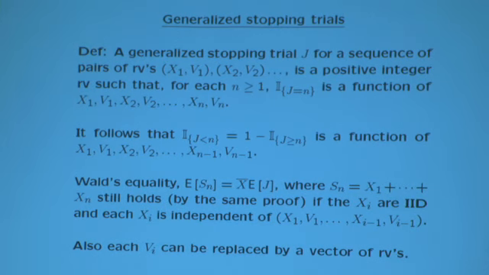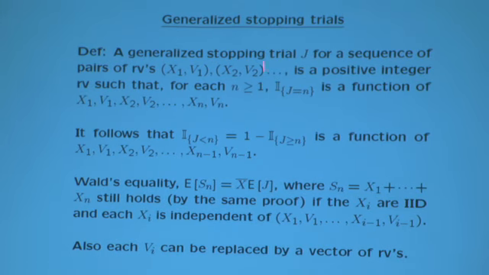And still, you can do these same arguments about stopping trials by looking at just the past history of the input random variables and these other random variables, whatever they happen to be.